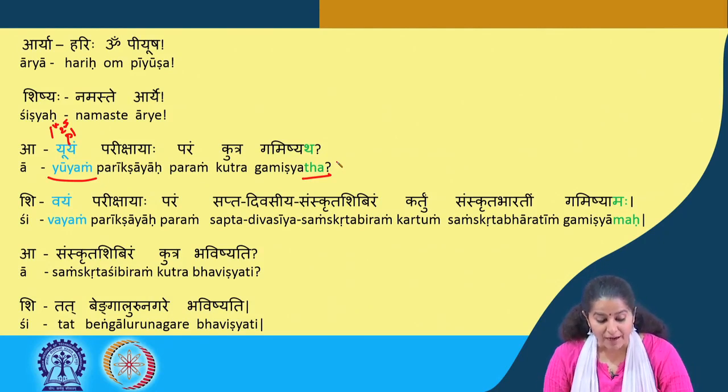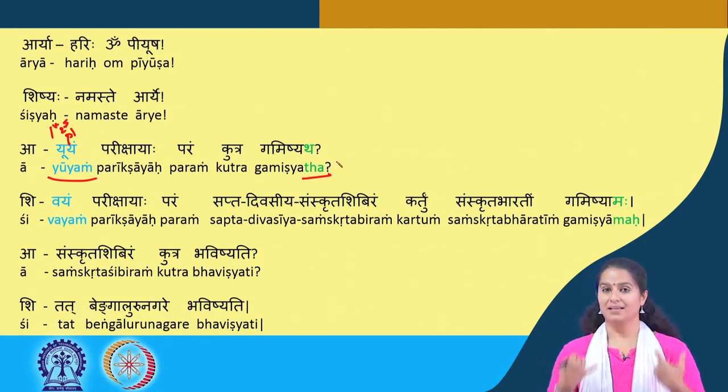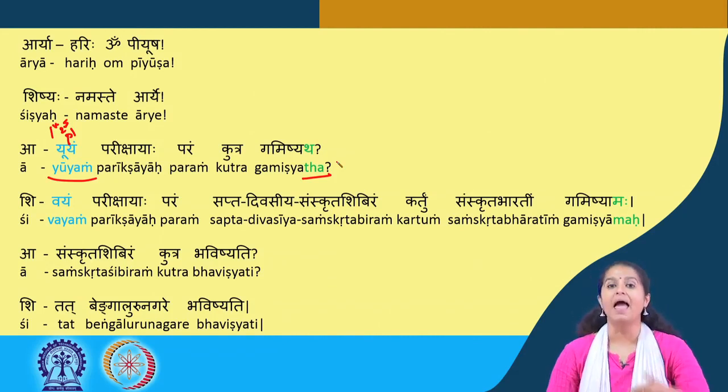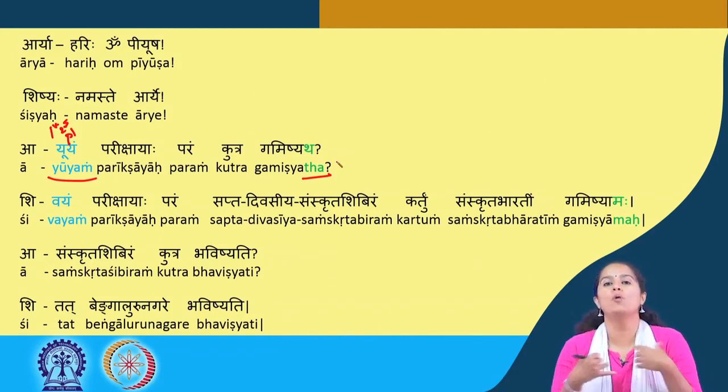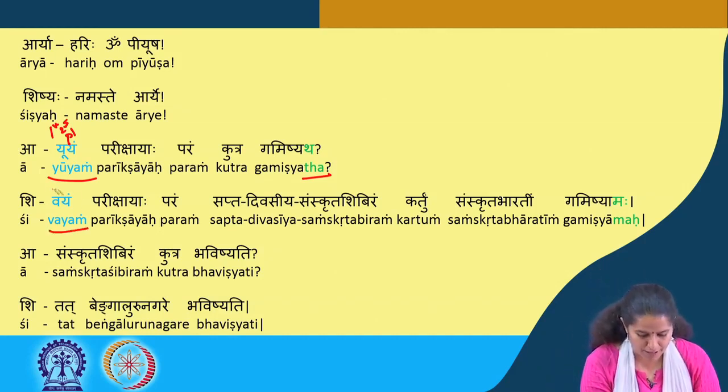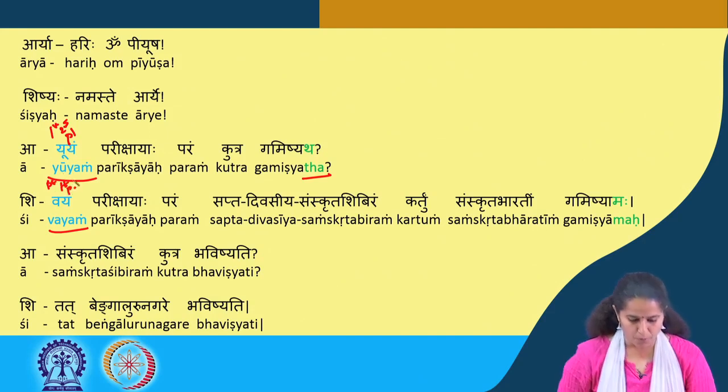Next, vayam. So vayam is in the first person. You say yuyam for the plural, and vayam, just to bring a similarity with the English. So vayam is the first case for the first person plural.